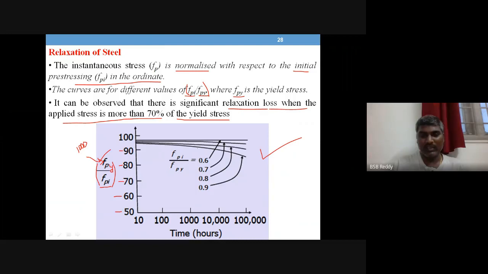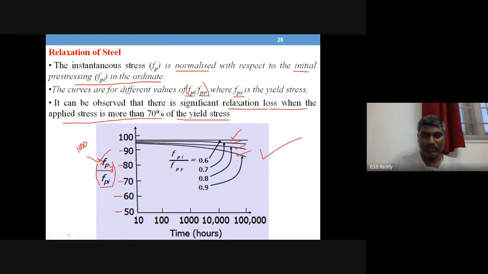These are the lines drawn for the different fpi by fpy ratios. So this line is the 60% line, 70% line, 80%, then 90%.